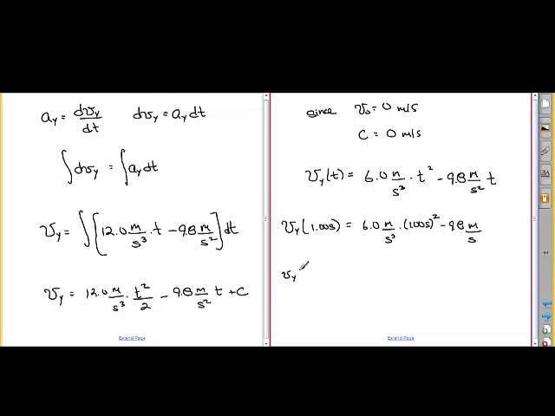So v sub y at 3 seconds is 6.0 meters per second cubed times 3 seconds squared minus 9.8 meters per second squared times 3 seconds.